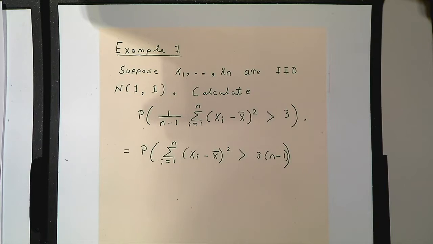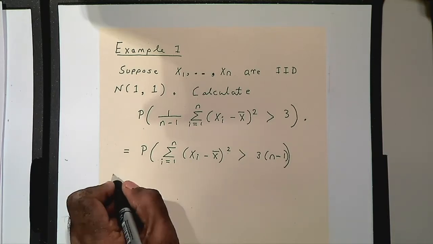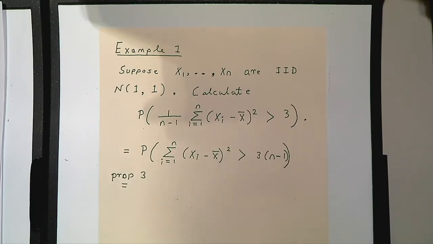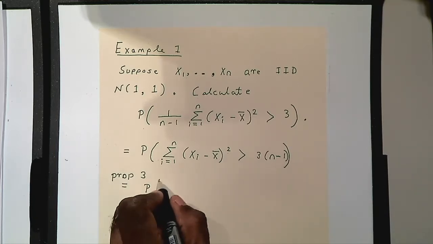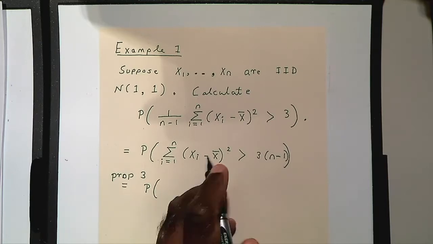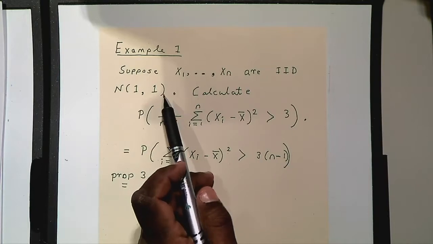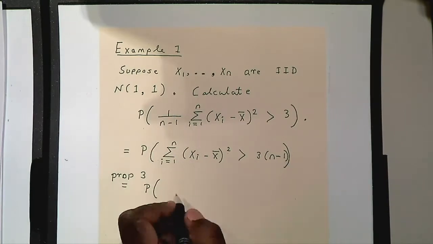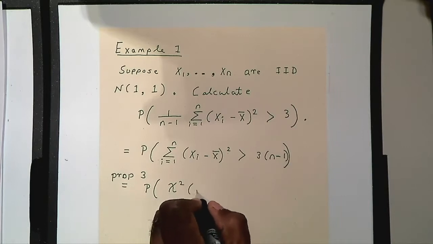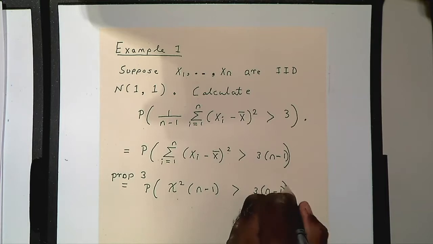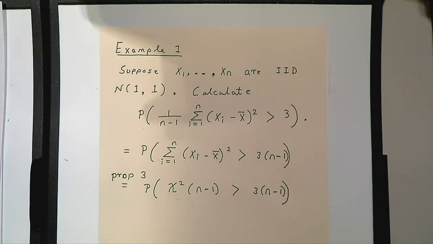Because of this property, we know that this should have this distribution. So by property 3, sigma squared is what here? Sigma squared is 1, because we are assuming mu is 1, sigma is 1. So this is the probability that chi-squared n minus 1 is greater than 3 times n minus 1. You follow me? Okay.